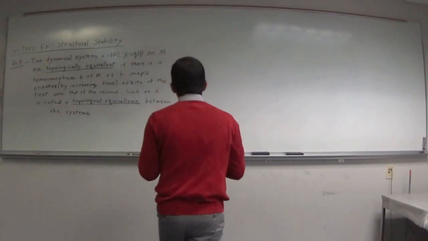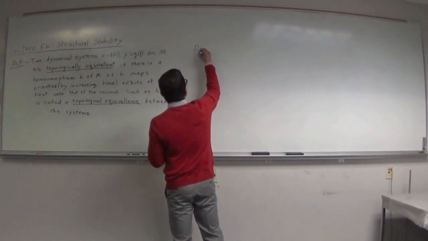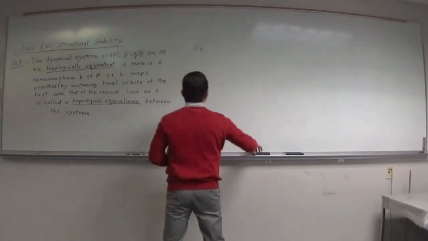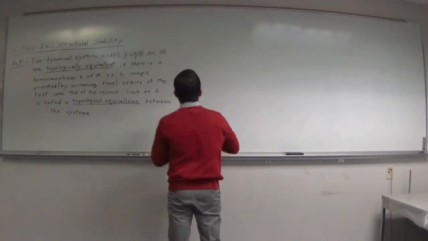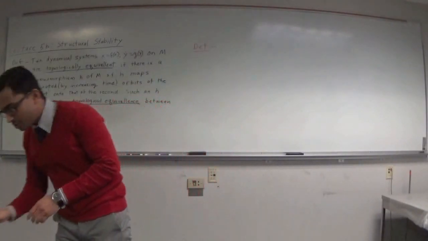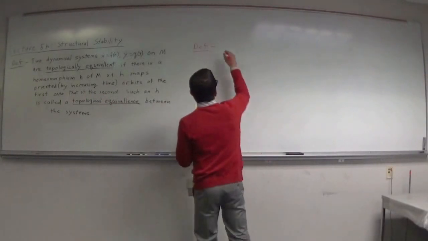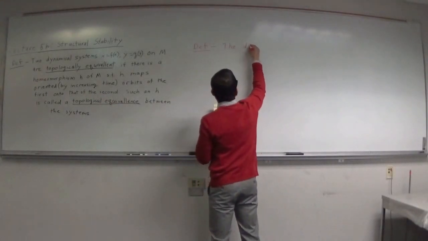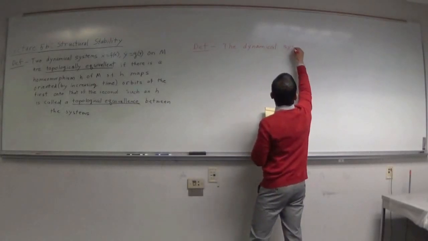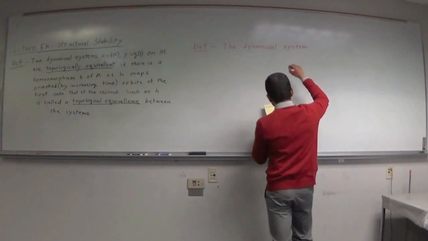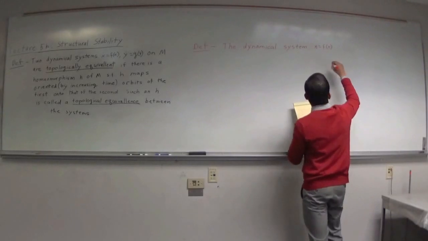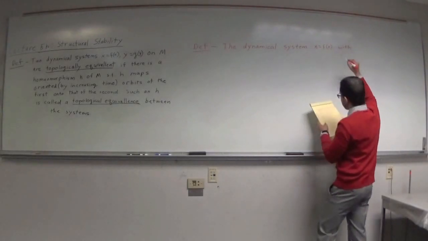Okay, so here's our big definition. Actually, you know what? I'm going to put this in red. So this is the definition about structural stability. So the dynamical system x dot equals f of x, with, so I'll define some of these things later.